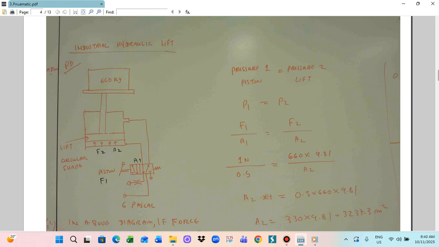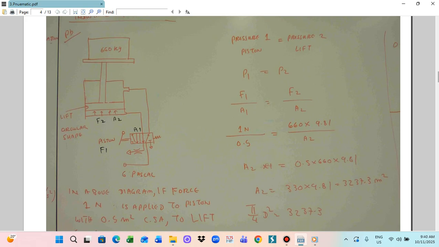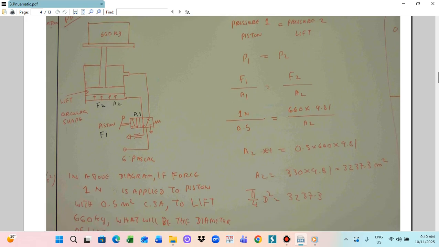Force 1 is already given as 1 Newton, area A1 is 0.5 square meters, and the load is 360 kilograms, so we have to multiply 360 by gravity g, 9.81. So 1 Newton over 0.5 is equal to 360 multiplied by 9.81 over A2, and that gives us A2.